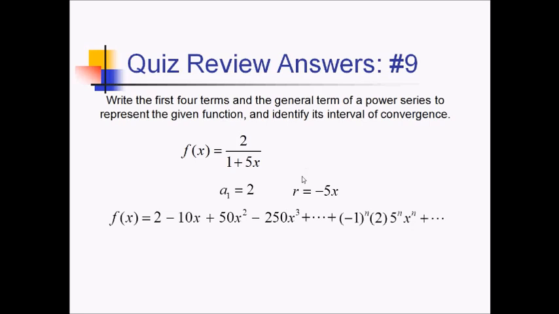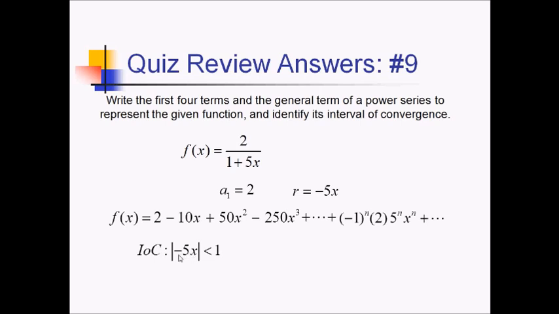To get that, we have to let our common ratio, the r value, the absolute value of the r value, I should say, be less than 1. So I'm going to do absolute value -5x less than 1, and now I just have to solve this inequality for x. So we're going to do -1 less than some stuff in the middle, less than +1.